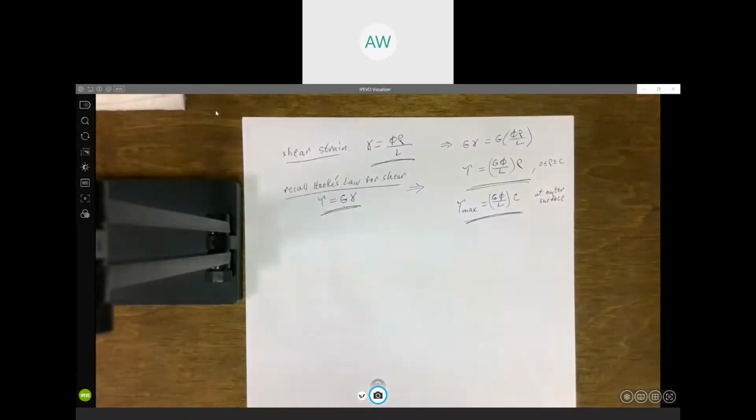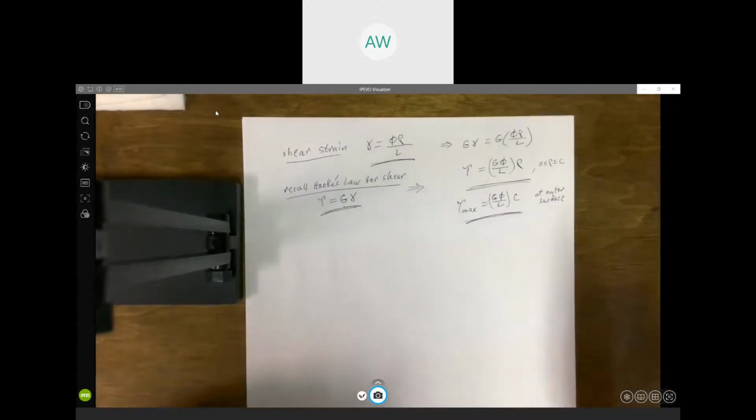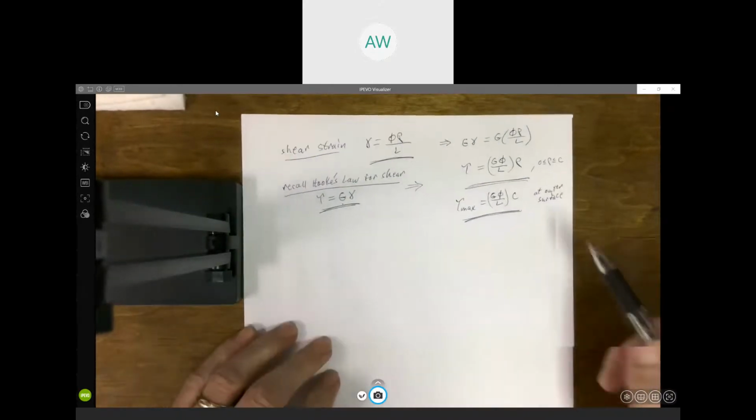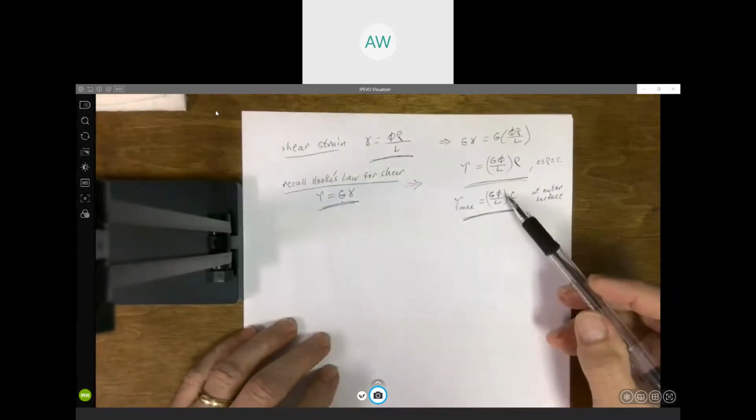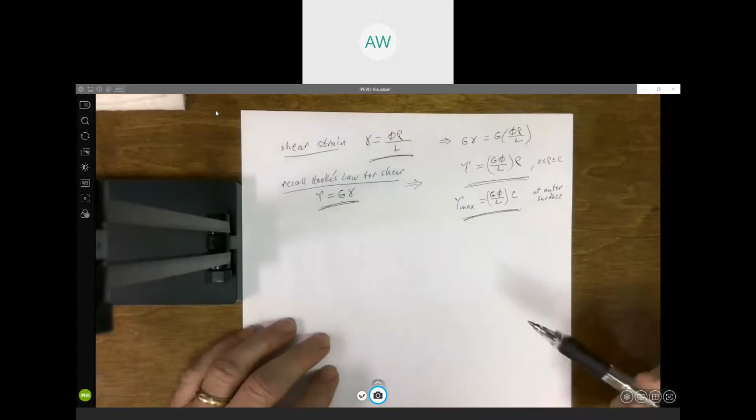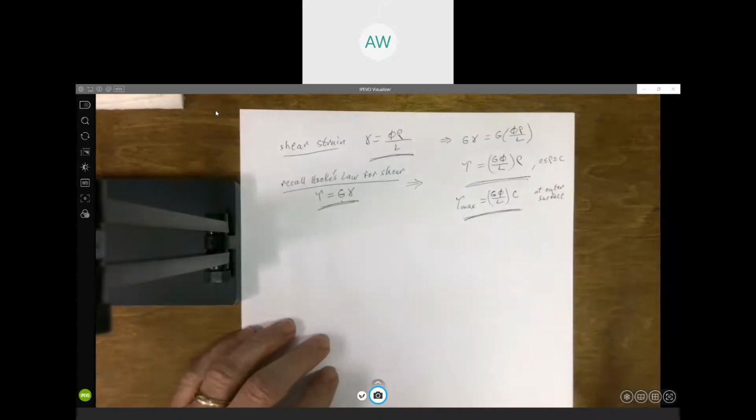So we have a formula now, not quite what we ultimately want, but we're getting there. We now have a formula for shear stress. It's in terms of this angle of twist phi. Now, we want to do better than that, and we're going to do better than that in just a second.